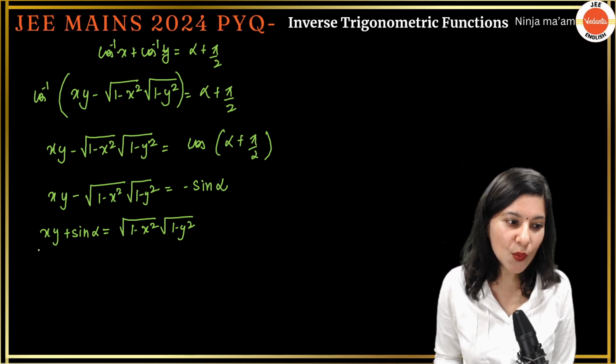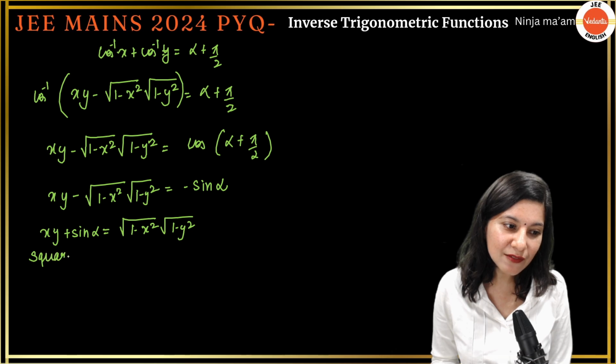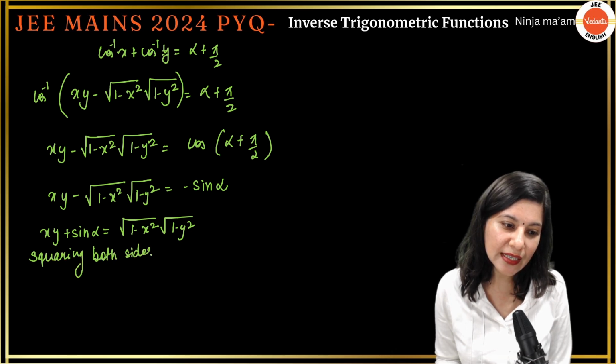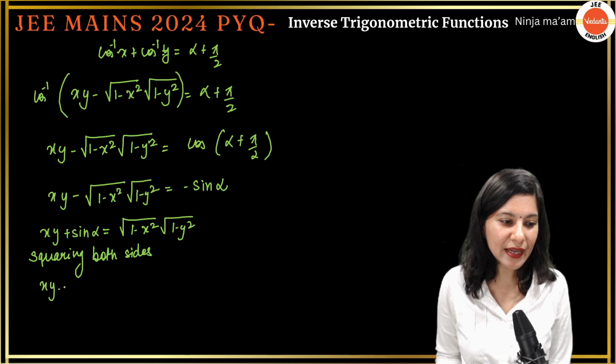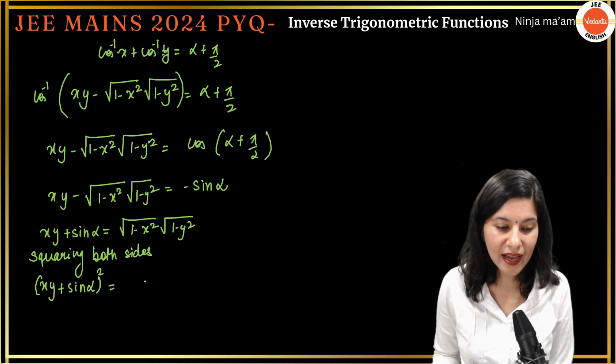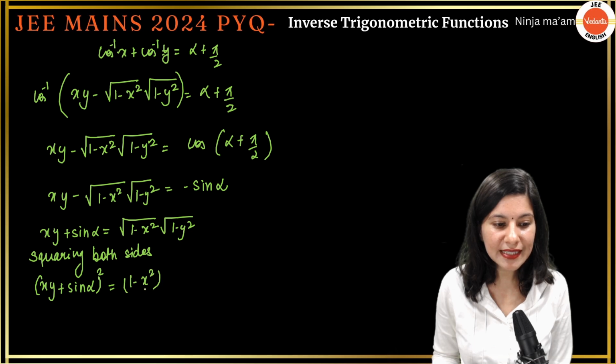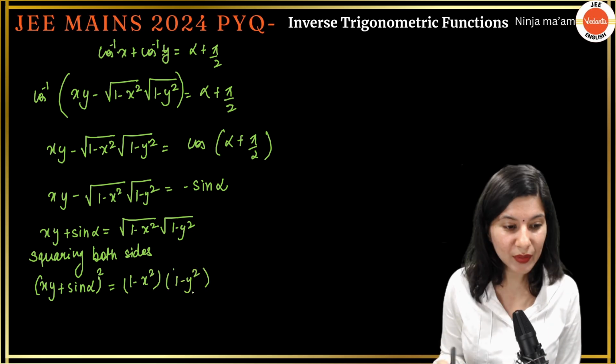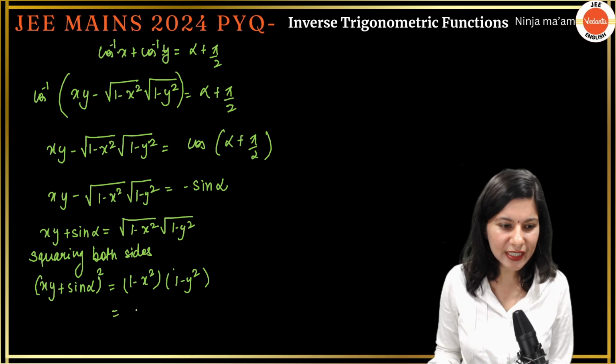Squaring both sides gives xy plus sine alpha whole square, and on the other side you get 1 minus x square, 1 minus y square. Now you just multiply it out.